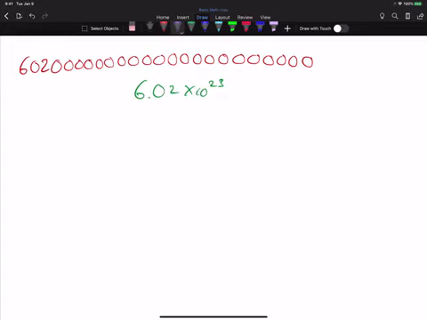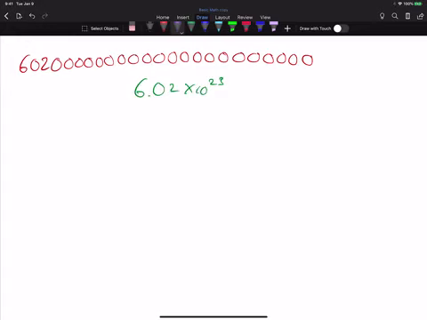So in the scientific notation number, there's three distinct features that are present. The first thing that you have is this number out front that I'm putting inside this purple box. Now this number here is known as the mantissa. And by definition, the mantissa is always a number between 1 and 10, except it could never actually be 10. It can approach 10, but it would never actually be a 10.